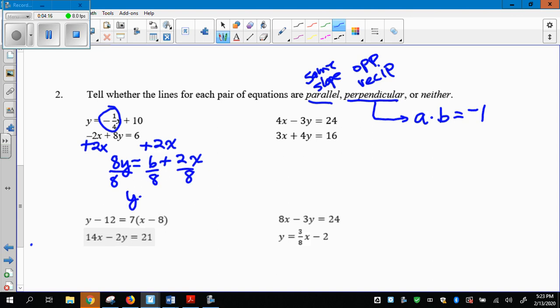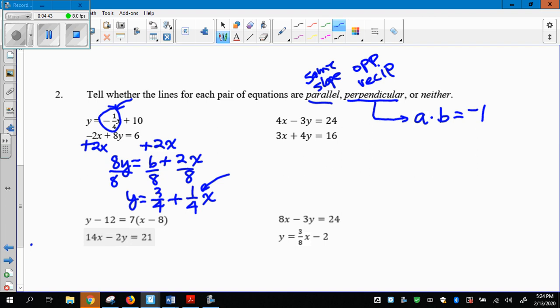And we get y equals 6 divided by 8, that simplifies to 3/4. Not that we need to know that for our results, but we get 3/4 plus 1/4 x. And since this one here is -1/4 and this one is +1/4, we have neither going on here.